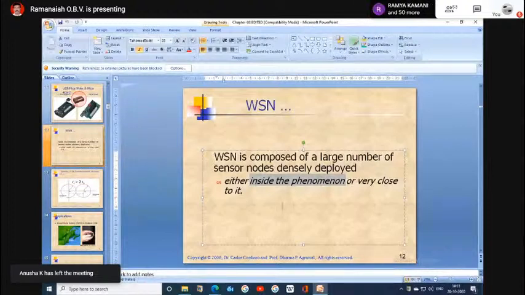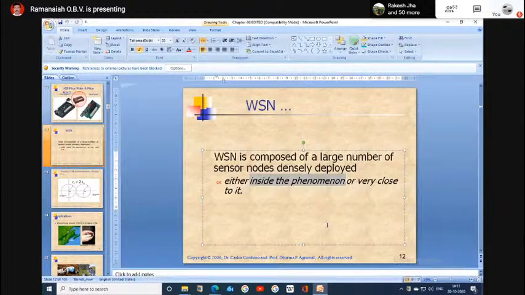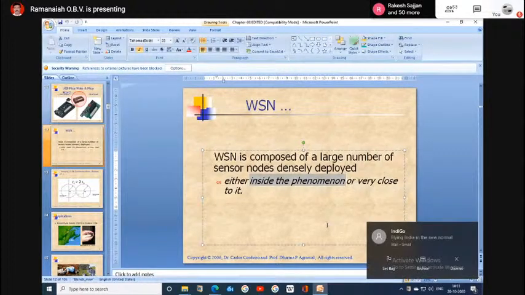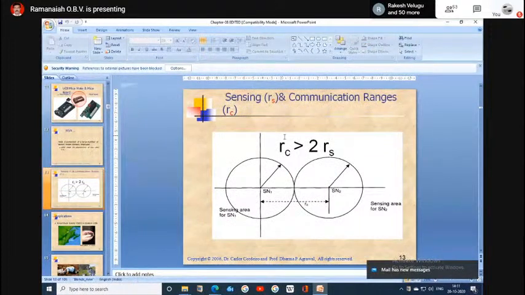For example, if you want to measure the pressure in a boiler, they are immersed in the boiler. Whereas if you want to detect a forest fire, or monitor wildlife, then you may deploy them very close to them. So it all depends on the application.